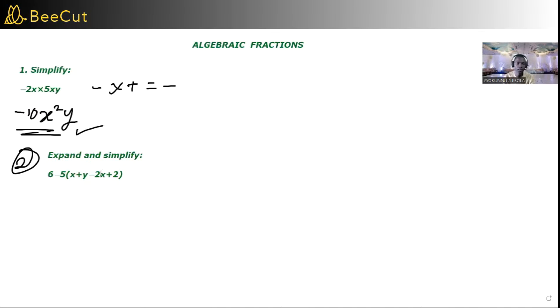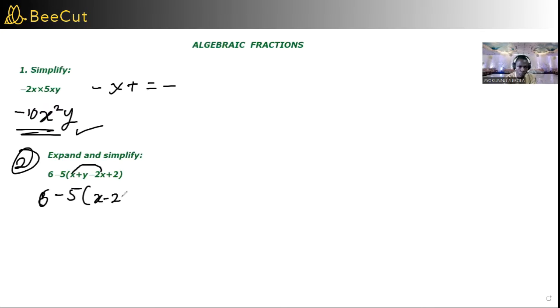When you see anything like this, you will open your bracket, then you simplify. Okay, before you even open the bracket, you can simplify what is in the bracket first. Are you hearing me? Yes, sir. Okay, so simplify what's in the bracket. I have 6 minus 5 here. 6 minus 5. So this is x and this is 2x.